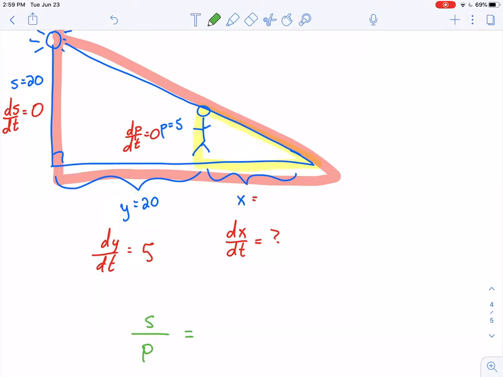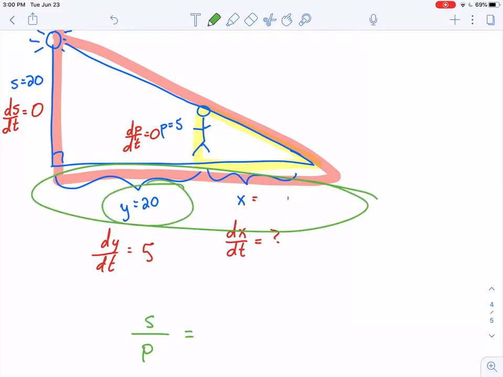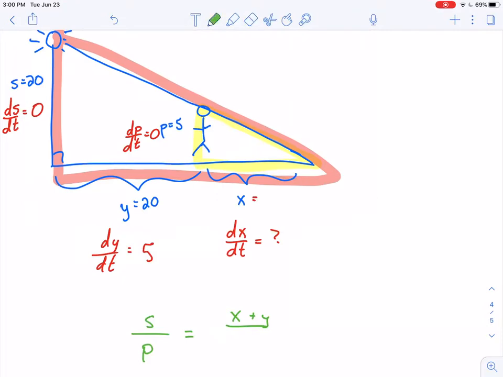But I know that if I want to talk about this whole side right here, I should take y and x and add them together. So the horizontal side of the big triangle, of the red triangle, is x plus y, divided by, well, what's the horizontal side of the smaller triangle? It's just x. So x plus y over x.